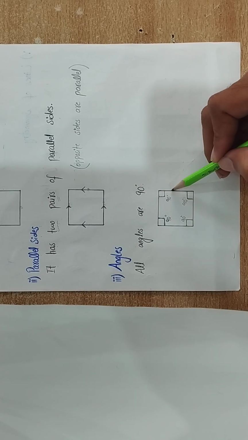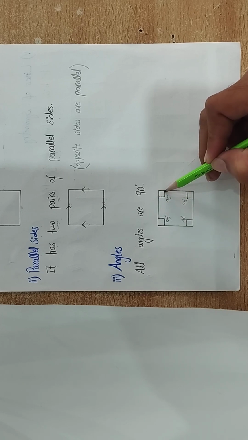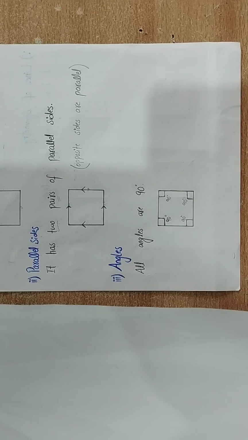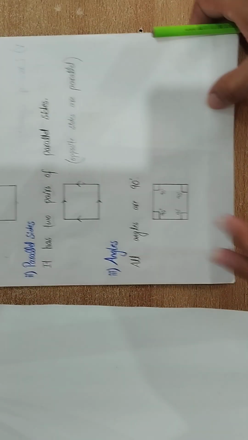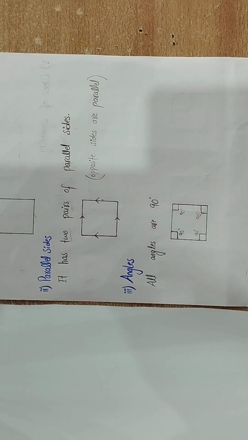Why? You can see that this side and this side, they are making a square corner here, and we have learned the definition of right angle in today's lesson.